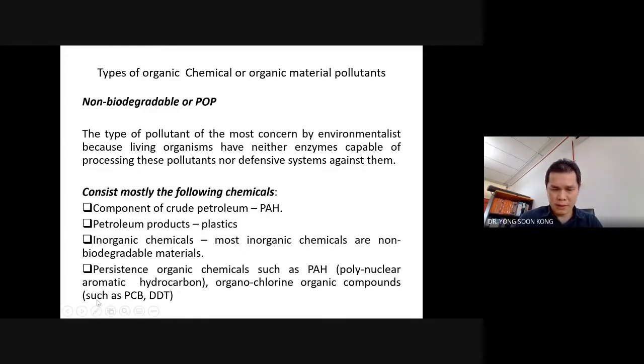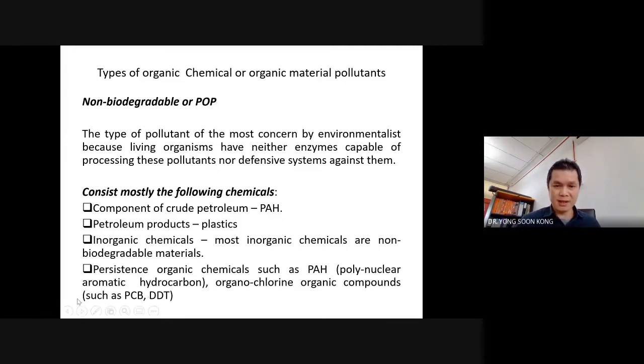Now there are a few more acronyms that you can see here. PCB. I think I will need to look at the next slide, because in the next few slides there is an introduction of PCB. If not, then we can use Google and search for it. DDT, I'm sure you know, is one kind of pesticide that was used previously to kill insects, and there are very elaborate stories on the after effects of DDT on the environment.